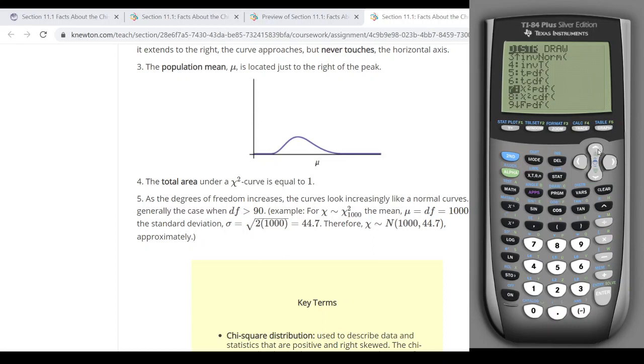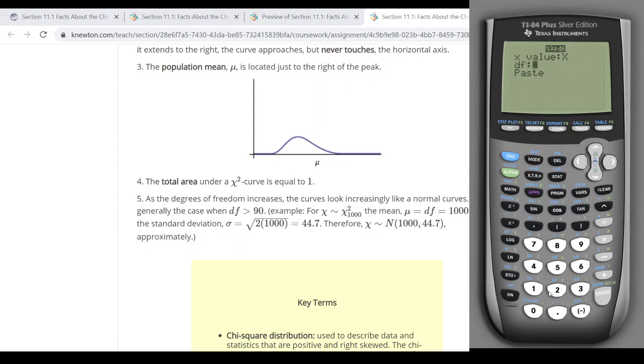If you want to find the area under these chi-squared curves, you go to chi-squared CDF, just like the t-CDF and normal CDF for Student's t and standard normal. But if you want to make a graph of one, look at a picture of these chi-squared curves, I go to chi-squared PDF, and then for the x value, just put x, and then the degrees of freedom.